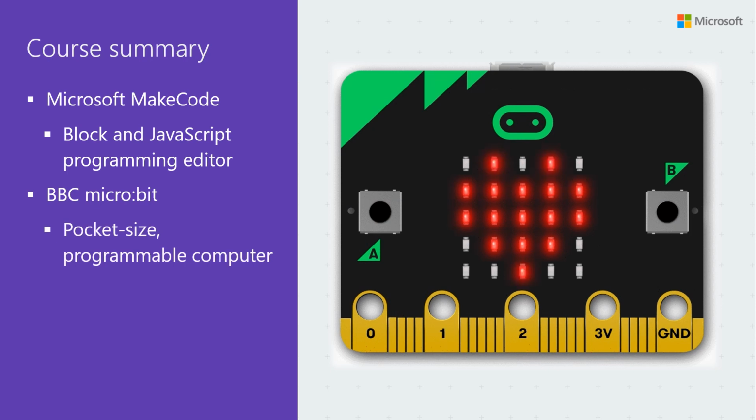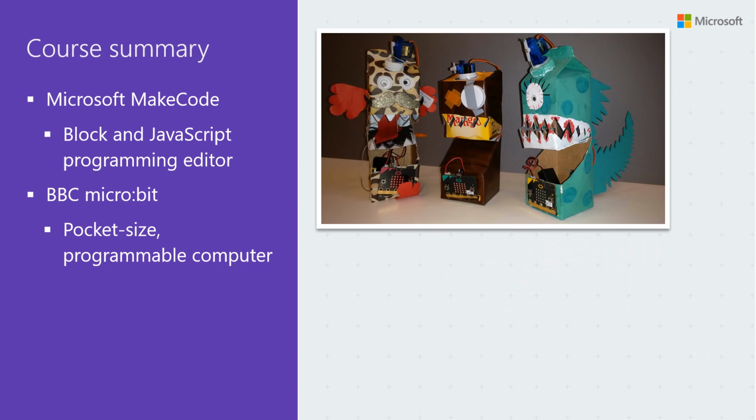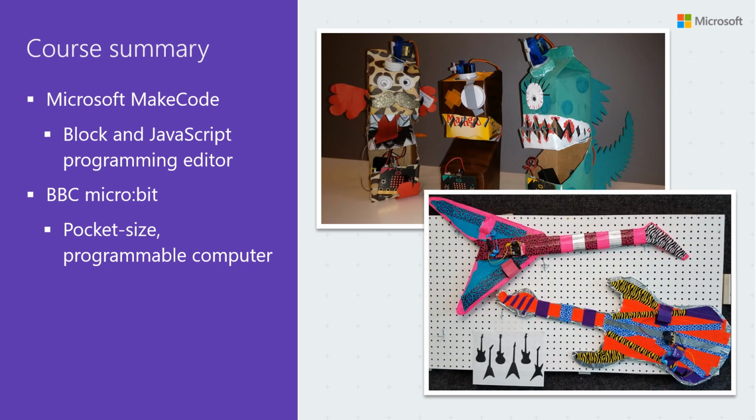It's a pocket-sized computer with programmable buttons and an LED display that provides an easy introduction for programming and acts as a building block for all kinds of cool creations, from robots to musical instruments and more.